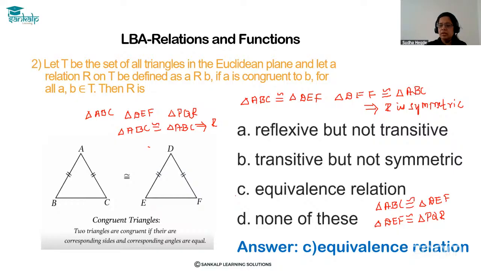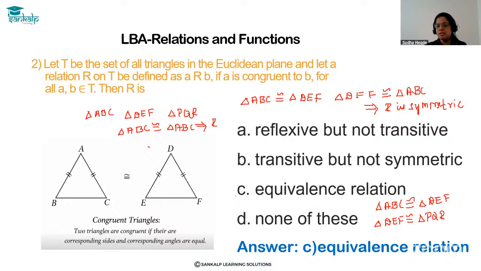Similarly, triangle DEF is congruent to triangle PQR. That implies corresponding angles and sides of DEF must be equal to angles and sides of PQR.